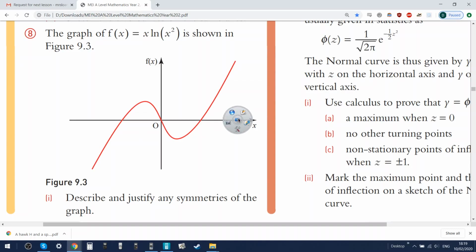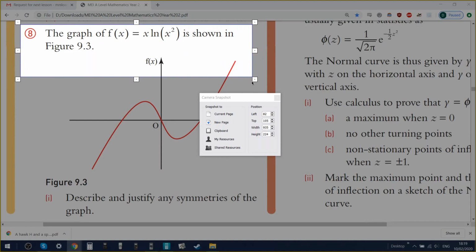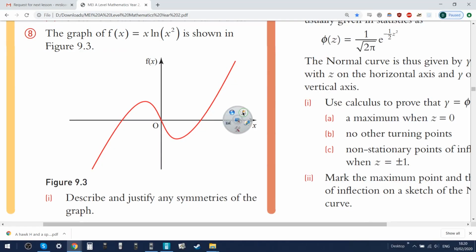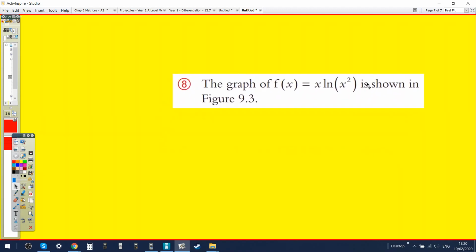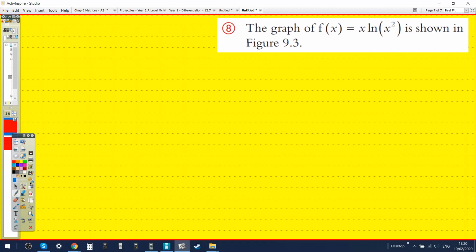Okay, let's find the derivative of f of x, question 8. So this one is product rule. Would u be x squared or ln x squared? You tell me.